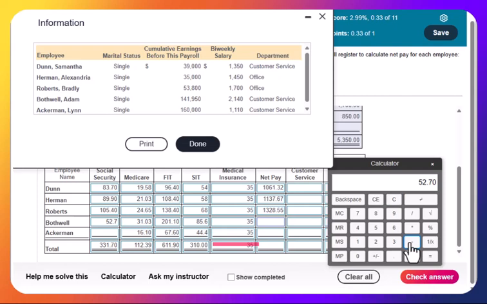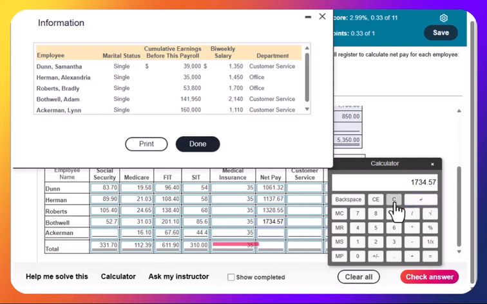So 5270, 3103, 20110, 8560. Okay. 1734.57. That matches up here.